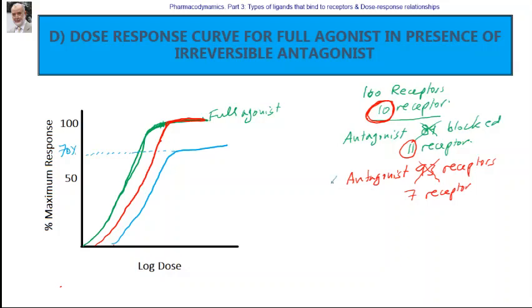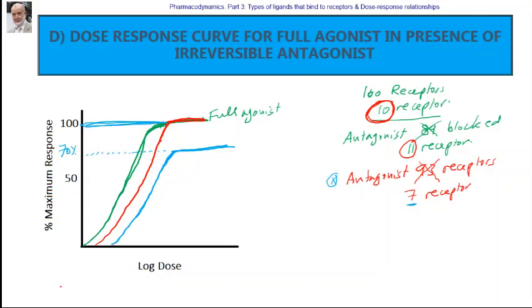Now, I place the antagonist at the receptor, in a concentration enough to block 93% of the receptors. How much is left? Only 7%. So when I add the agonist, I will see an increase in the response till we reach a point when there is no further increase. This is the maximum I can reach, which is not the natural maximum that I can attain. Okay?